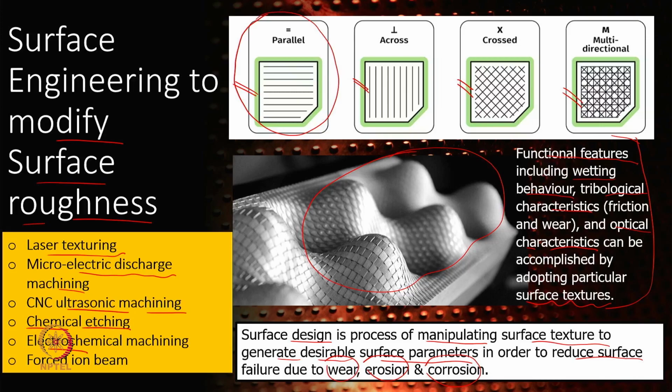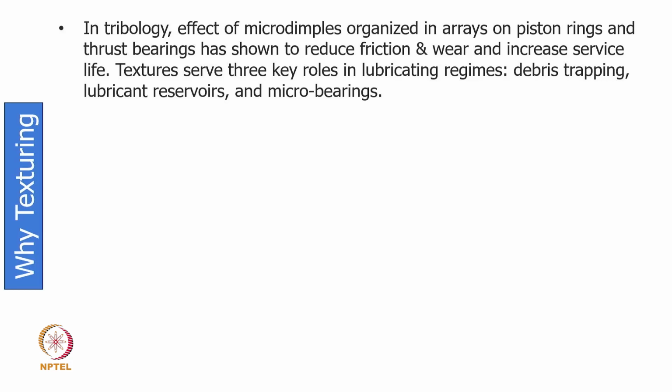Chemical etching, electrochemical etching, or a number of other processes are also there. We are not going to describe all, but we will be highlighting a few processes so that we get an understanding of how the surfaces are really getting changed to the desirable side, so that we get a better feature. So, why texturing? I believe we do not really require now to discuss that.